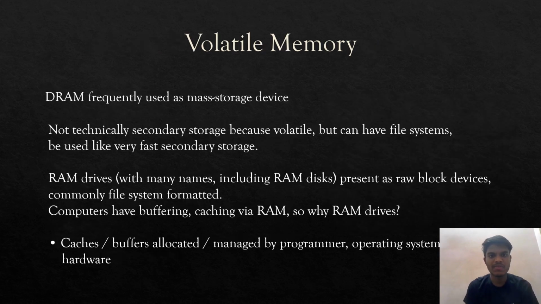Next, volatile memory. DRAM is frequently used as a mass storage device, but it is not technically secondary storage because it is volatile. It can have a file system and be used like very fast secondary storage. RAM drives present as raw block devices, commonly formatted with a file system.